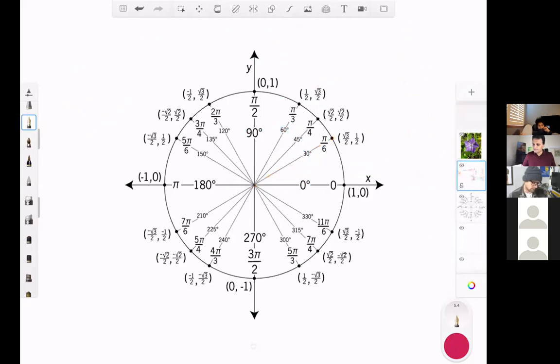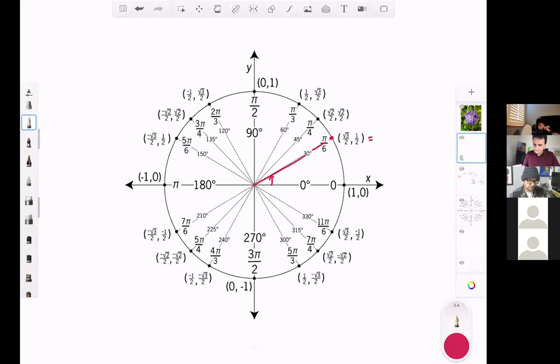So now let's look inside of the unit circle. Let's analyze all the numbers that you see in the coordinates as x and y. Here is 30 degrees, correct?